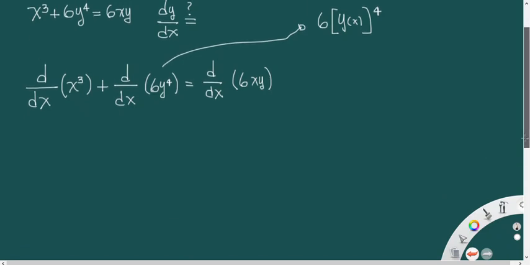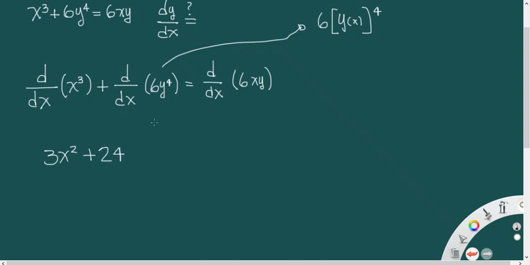So let's work this example, and d/dx of x cubed is equal to 3 times x squared. So we have the first part plus the derivative of this, 6 times 4 equals 24.